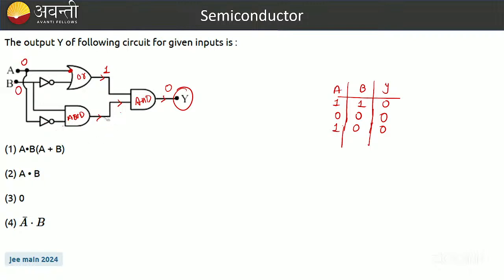Let's do it quickly. So 0 will come here as 0. 0 will come here as 1 because of the NOT gate. Here the 0 will come as 1, and this 0 will come as 0. So 1, 0 from OR will be 1. 1, 0 from AND will be 0. So 1 and 0 will be 0. So for 0, 0 it's 0. It's true.